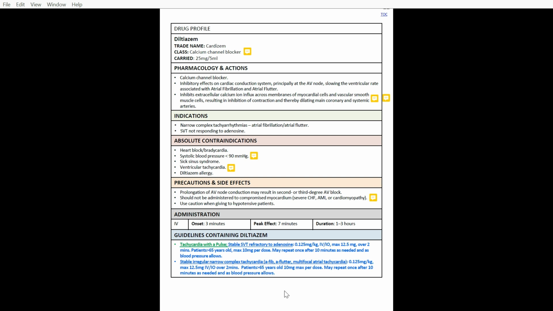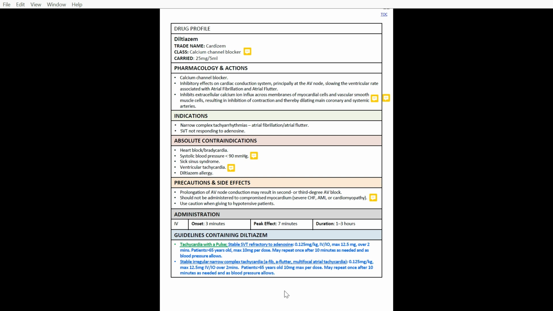So anytime that these calcium channel blockers cause dilation to peripheral arteries, we can see a drop in blood pressure, unfortunately. So the indications is narrow complex tachycardia arrhythmias, so atrial fibrillation and flutter.